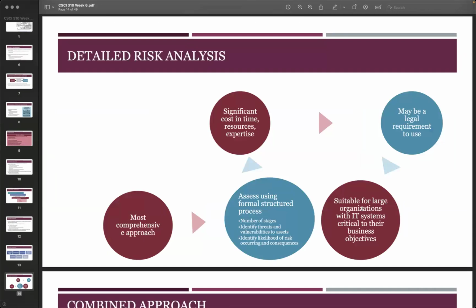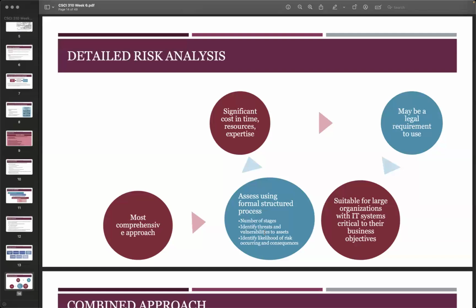And the more advanced one is the detailed risk analysis. This is the most comprehensive approach, with significant cost in time, resources, and expertise, and we assess using a formal structured process. There are a number of stages: identify what kind of threats, the possible threats that are going to happen, and then identify the likelihood of the risk occurring and the consequences, all these things.